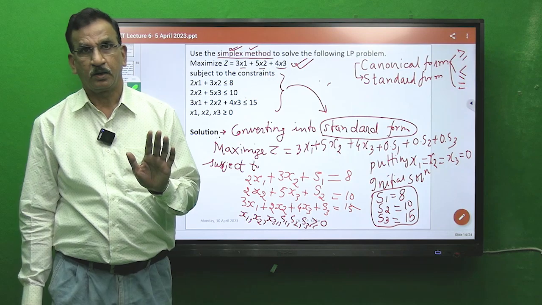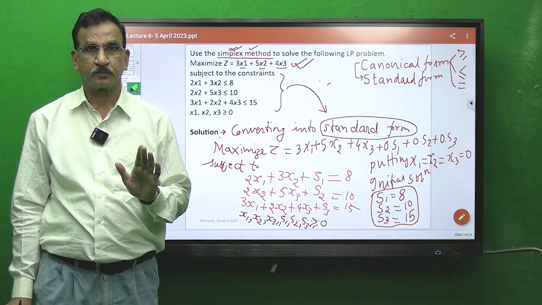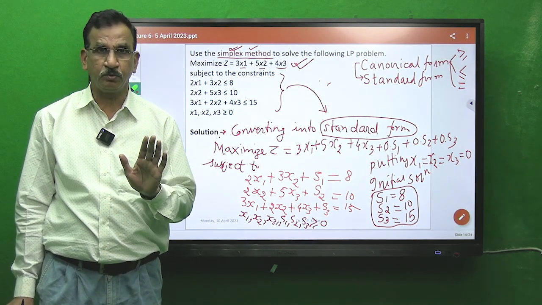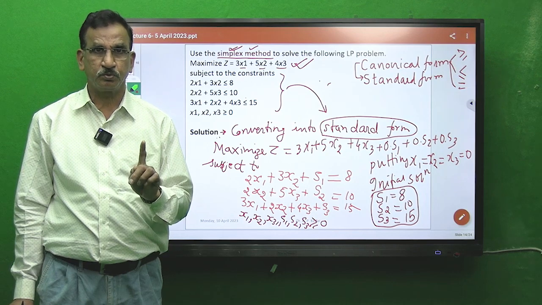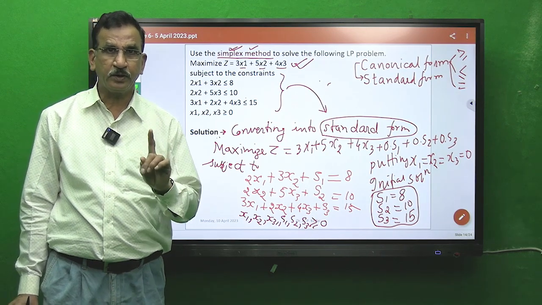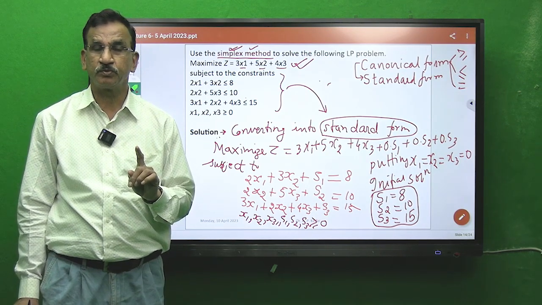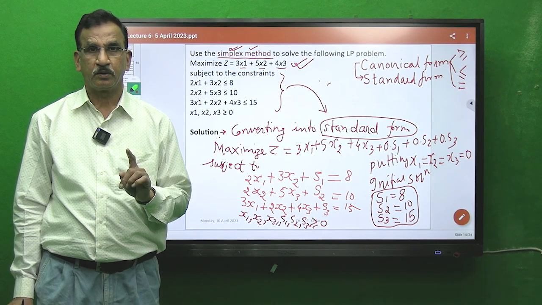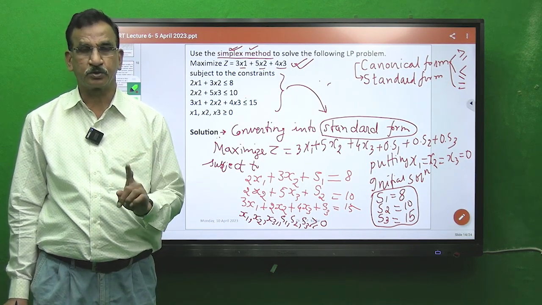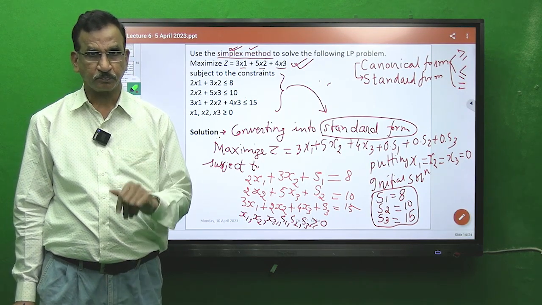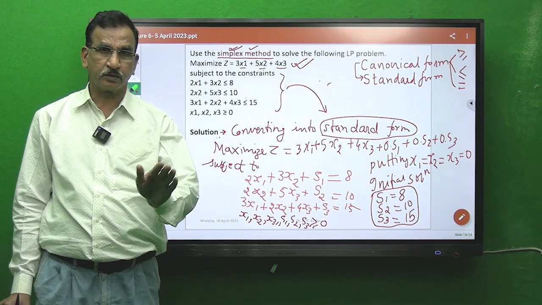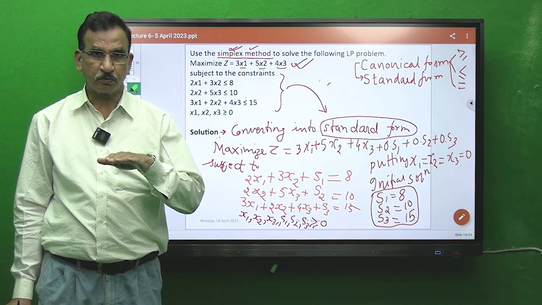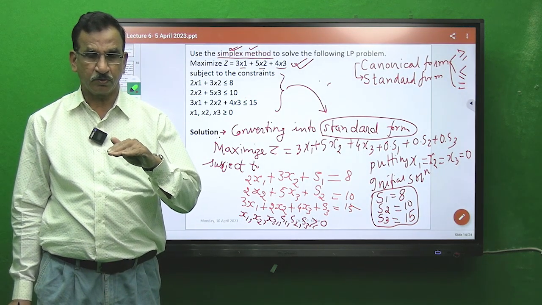Mind well, I am again repeatedly saying, I am not interested in values of s1, s2, s3. I am only interested in the values of which variable? x1, x2 and x3.